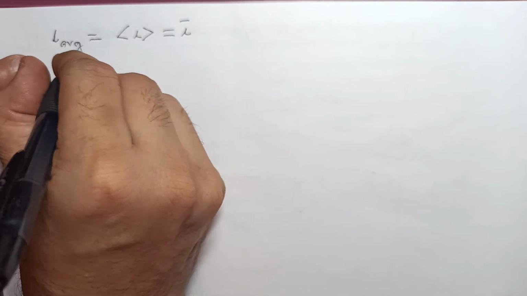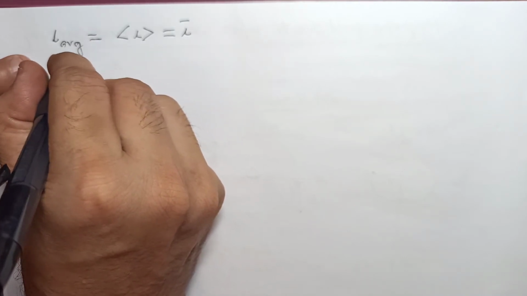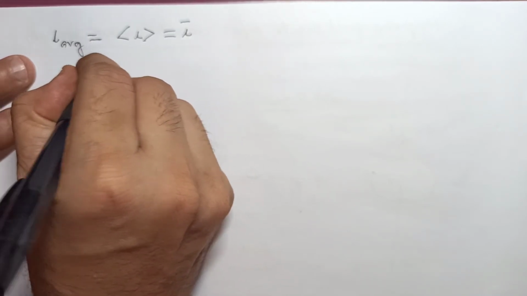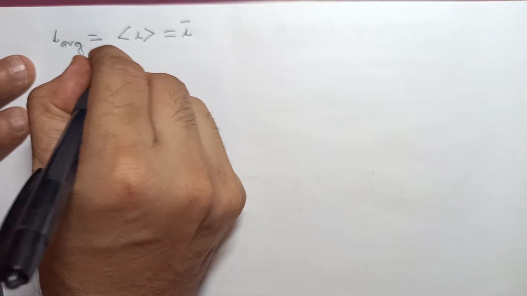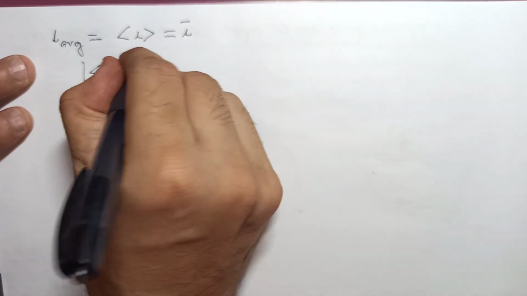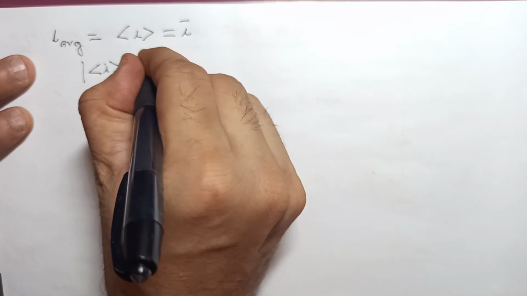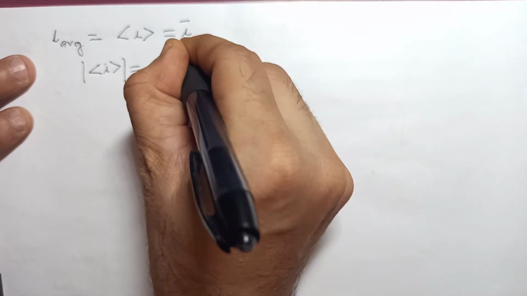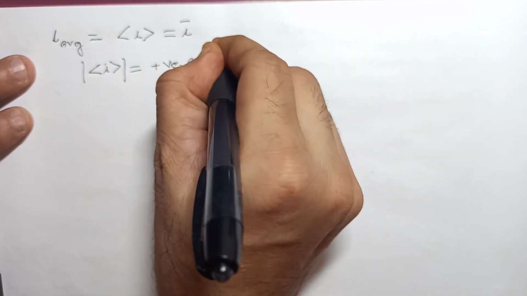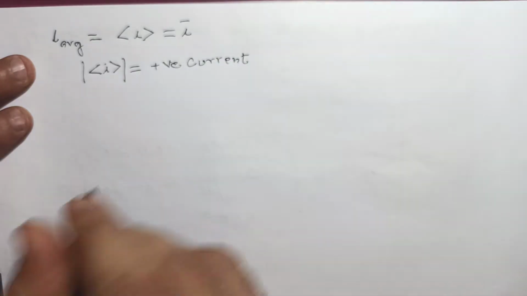If someone says mod of I, then it is just the positive current without sign.